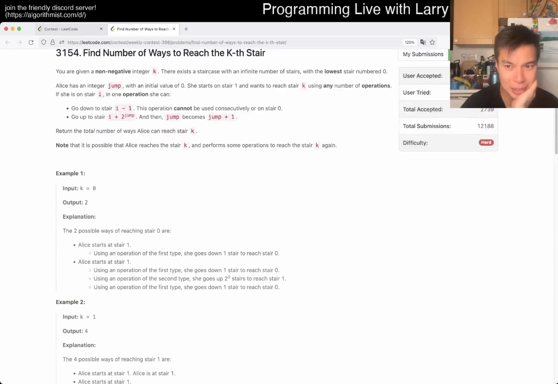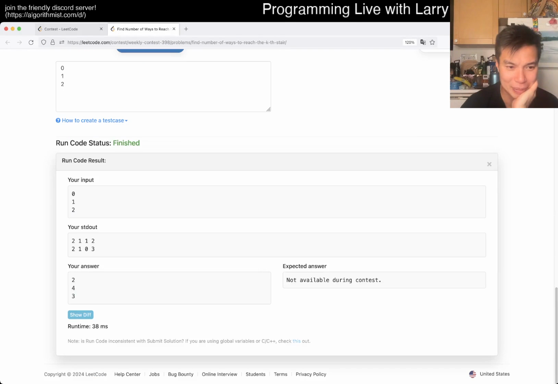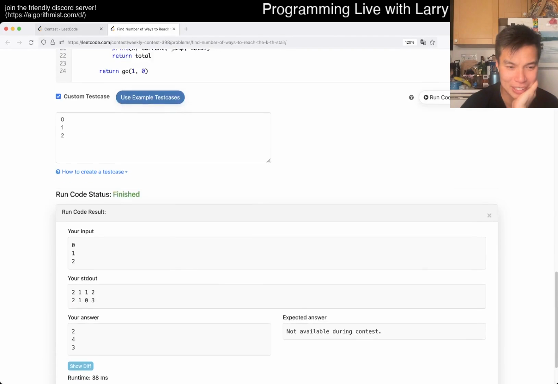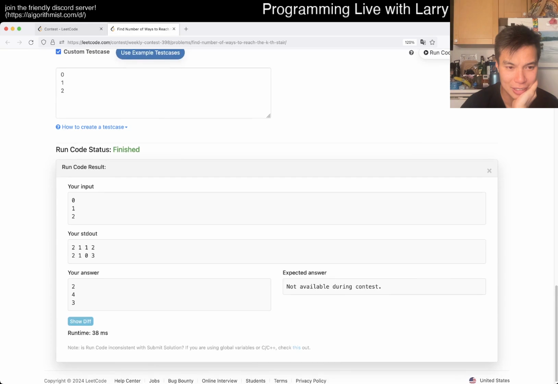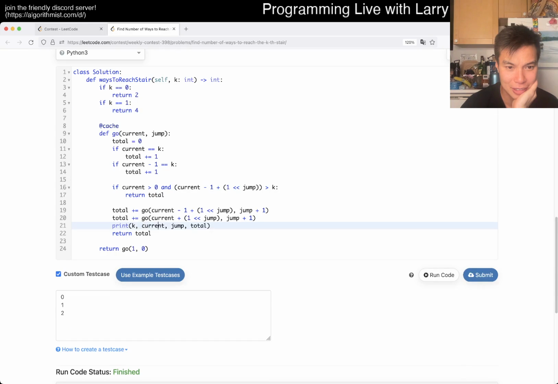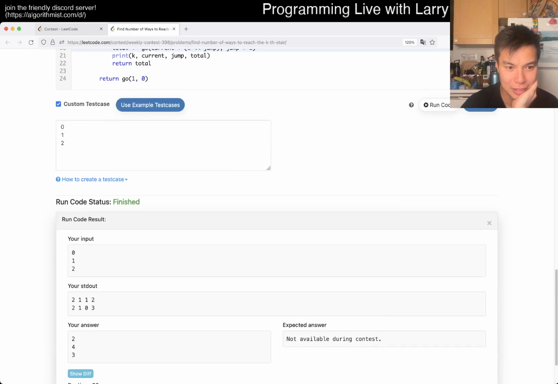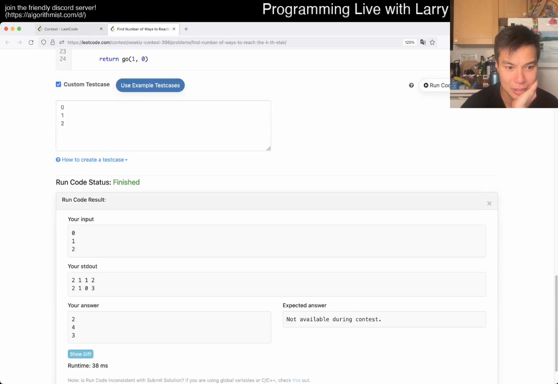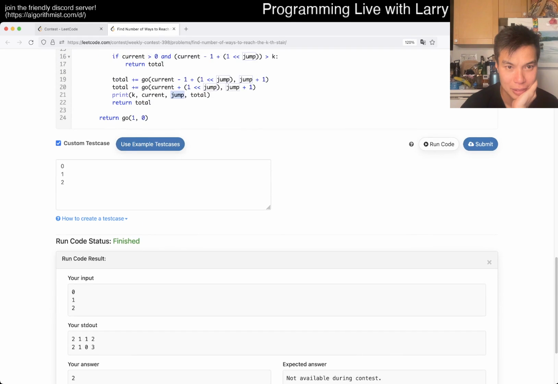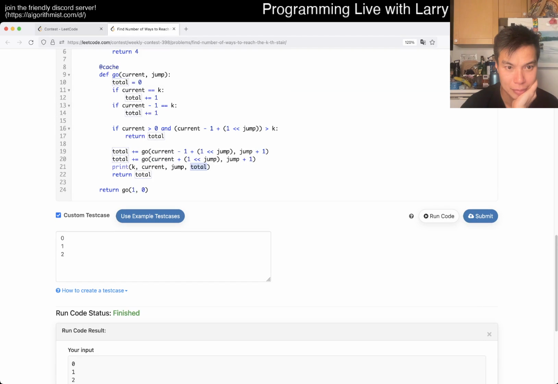And this is an annoying problem. This is a problem that I feel like I could get, but will take too many wrong answers. I'm trying to avoid wrong answers today. One is 2. Is that true? Why?